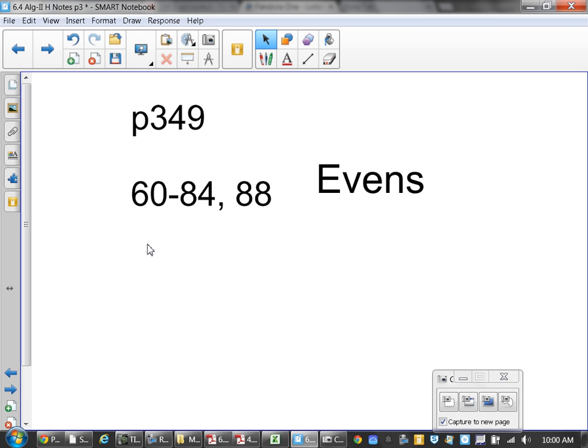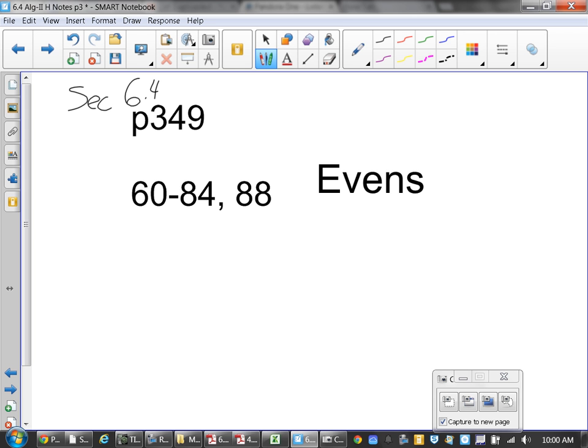It's still section 6-4. That's a lot. See how fast these are? Most of you guys might still have room on your paper from yesterday. Just add to it. Please tell me 88 is not a word problem. It is, and you'll be able to figure it out because you have intelligence.